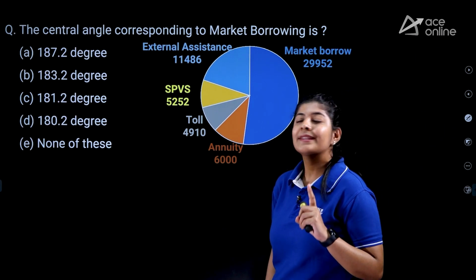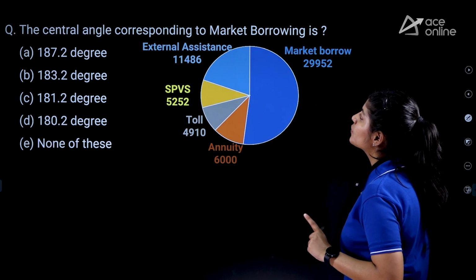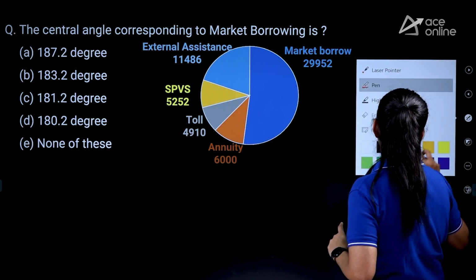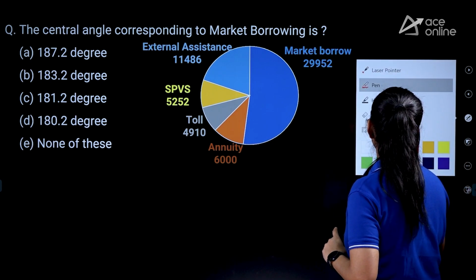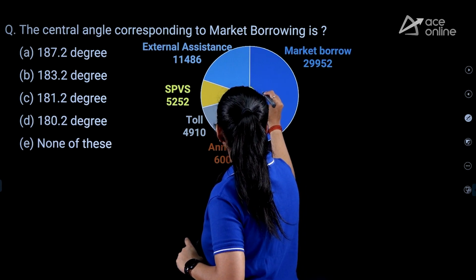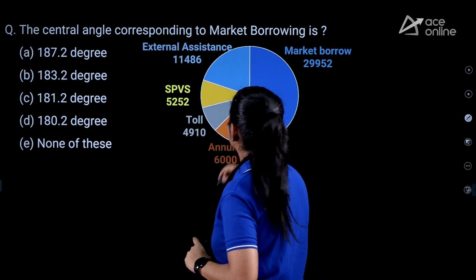Now, the central angle corresponding to market borrowing is. What we have to find out is the angular value of this one.